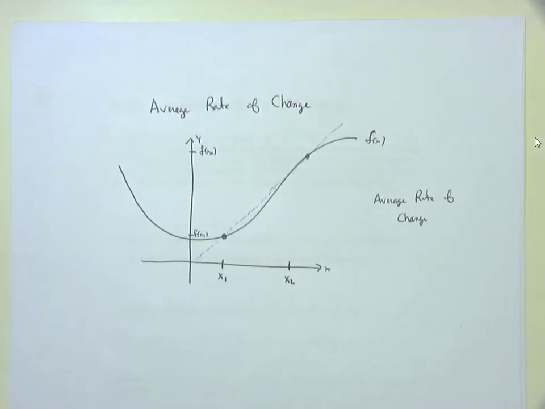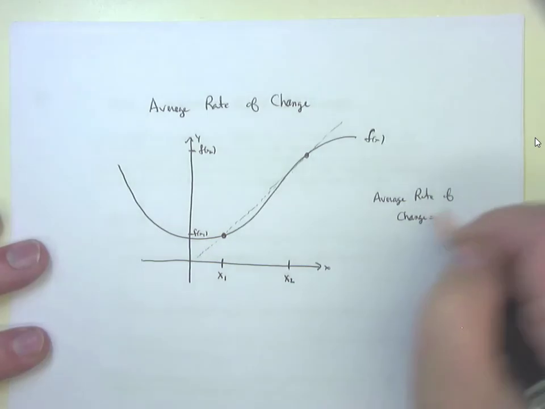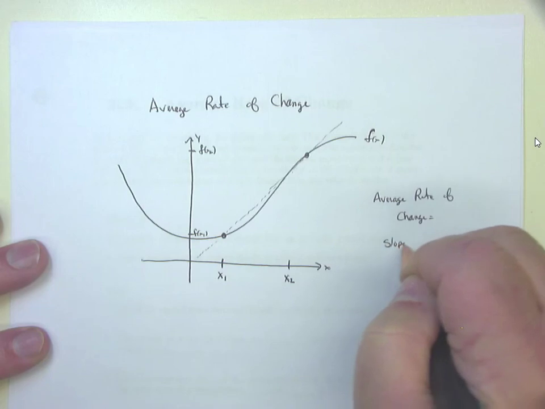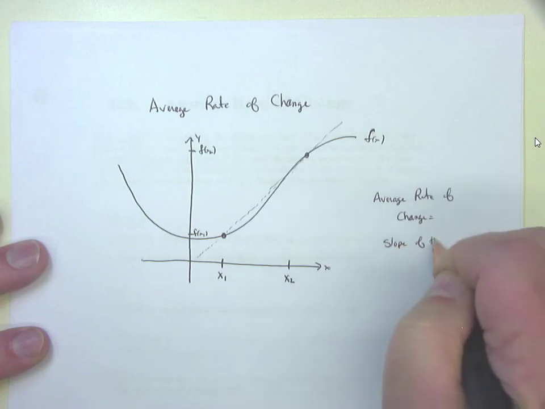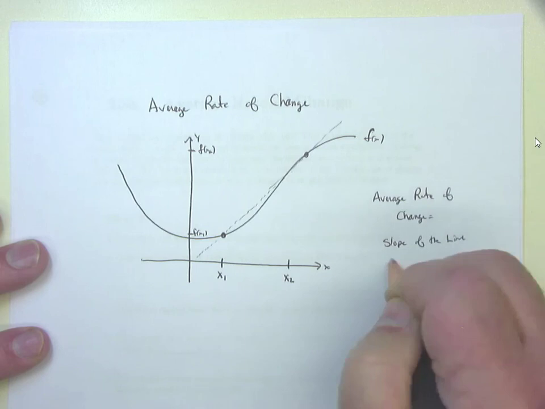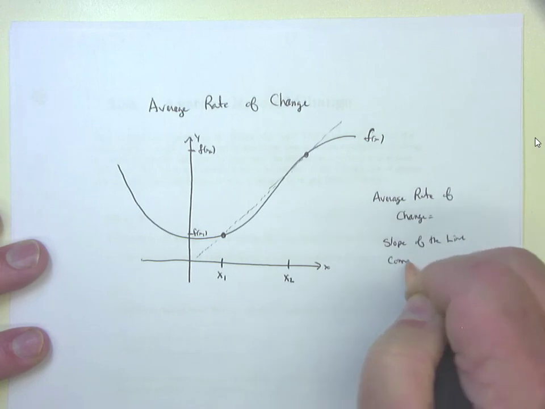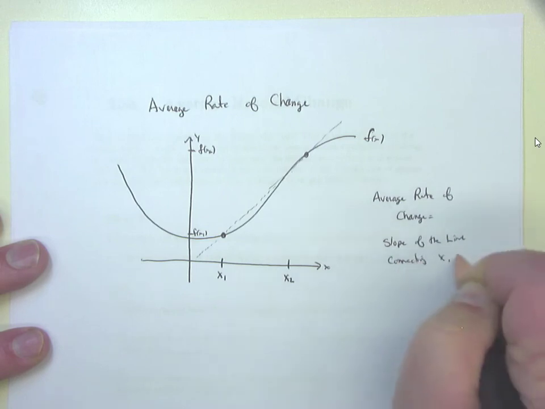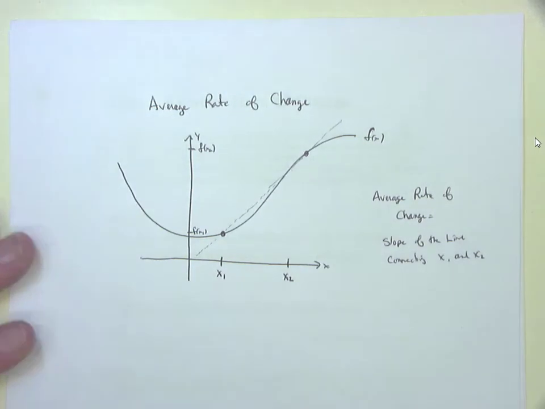It's the slope of that particular line that connects those 2 points that I picked arbitrarily. Does that make sense? This x1 and this x2. So you remember this average rate of change is equal to the slope of the line connecting x1 and x2. This is the idea.